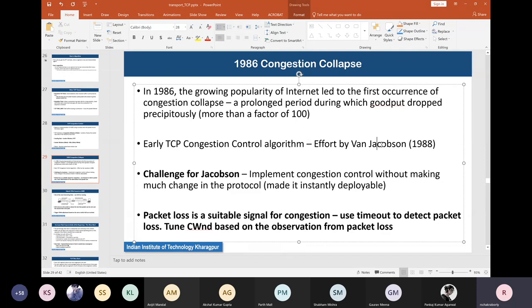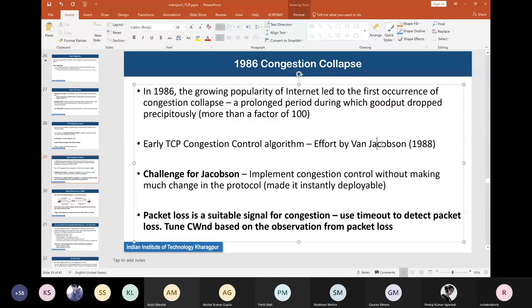If you change the protocol wholesale, it is going to be very difficult, because it has to be implemented in software and integrated into the operating system kernel. Rather, you can make some small change, a patch type of thing, to the protocol and patch the software. If that works, that is better.